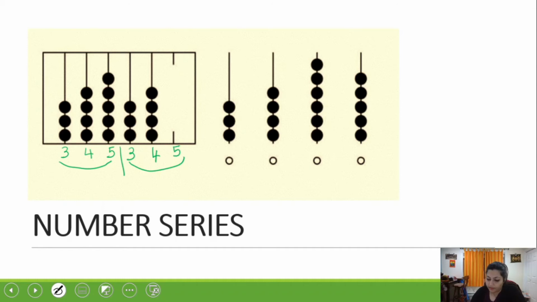This is the pattern. So we know we'll have 1, 2, 3, 4, 5 beads here. So we look for the answer 1, 2, 3, 4, 5. This is our answer. So writing them down gives them more visual feedback, and it also saves them time from counting the beads again and again, which creates confusion. The tip is to write it down, count the number of beads, write the whole bead, see how the pattern goes.